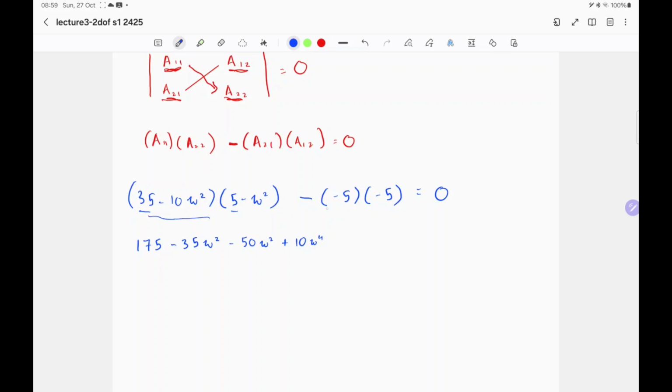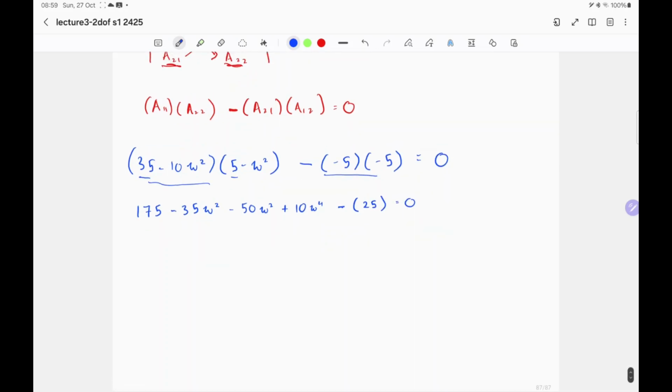So what we do is we expand this. Minus negative 5 times negative 5 is 25 positive, equals to 0.